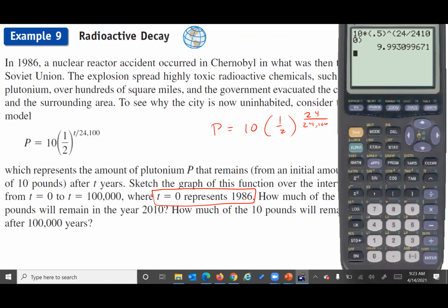So not much from the 10 pounds that we have. It's 9.99 pounds still.